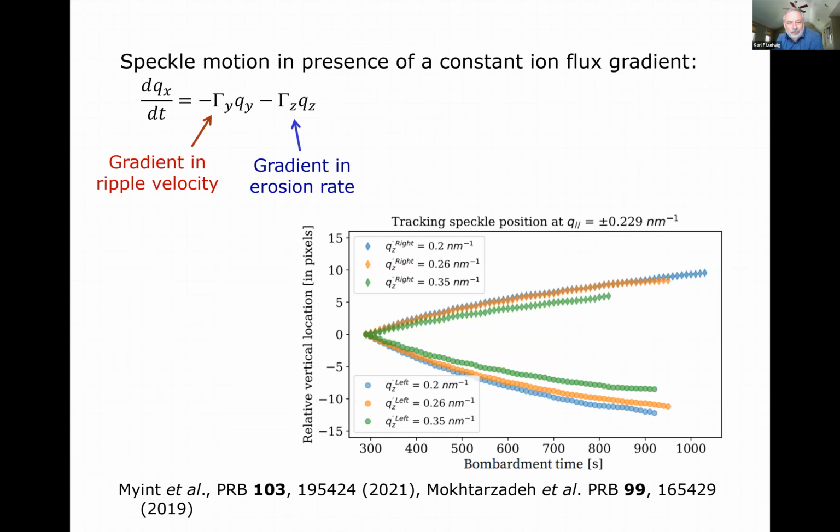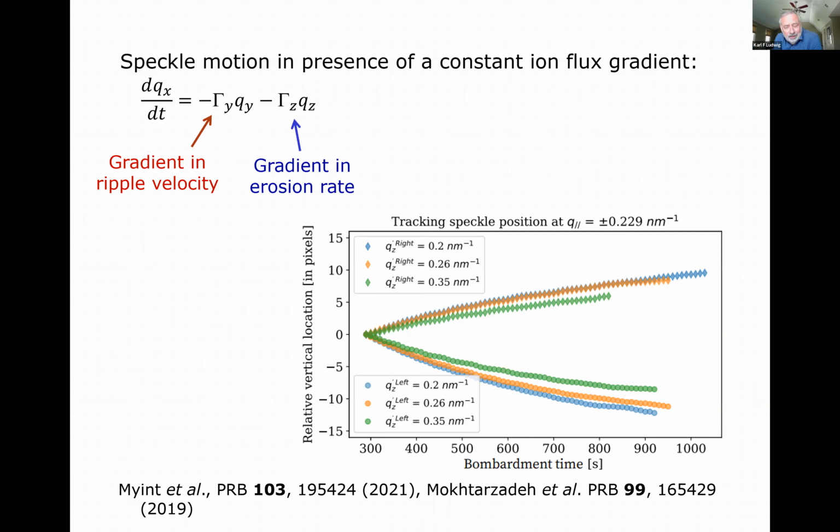Because of the inhomogeneous ion beam and therefore the inhomogeneous velocity of ripples across the surface, we could, by tracking the speckle position, look systematically at how that varied in QY in the plane, which is what you would expect for simply a gradient in velocity across the surface.